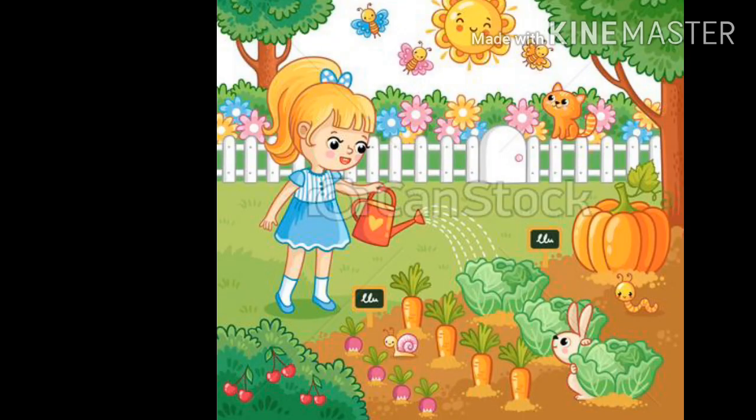So we have now given a few sentences. Let's look at those sentences. The girl is watering the plants. The sun is shining brightly. The butterflies are flying in the garden.